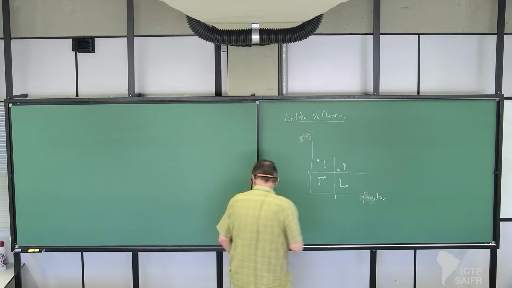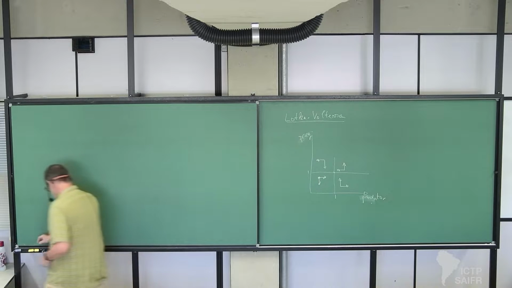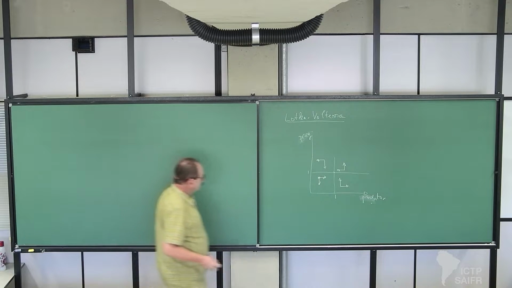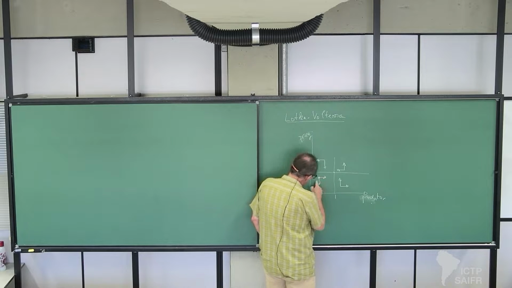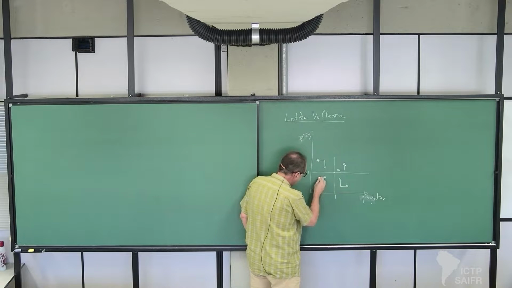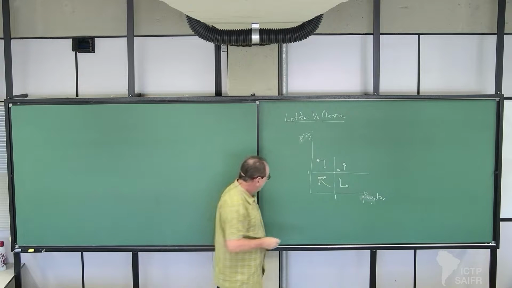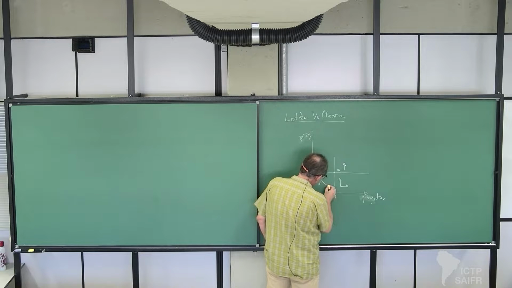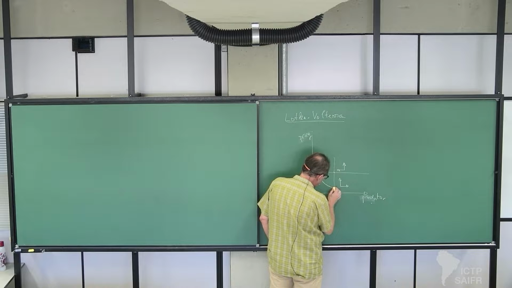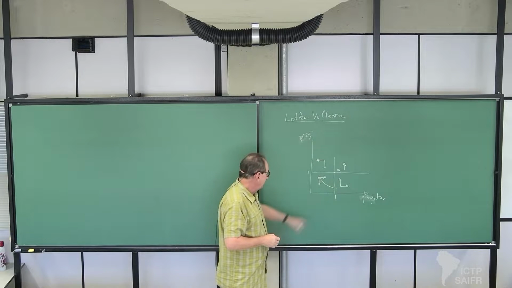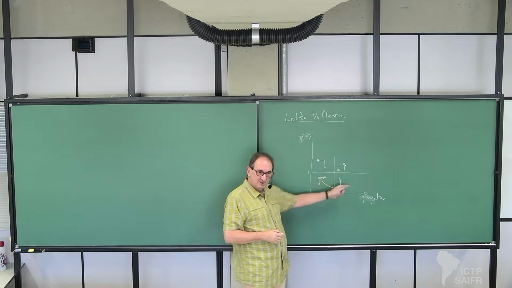Okay, so let me draw this in color. So this goes like this, down and to the side. Okay, so it should go something like that. Okay, but now when you cross this point here, you have to go up, but continue to go this way.